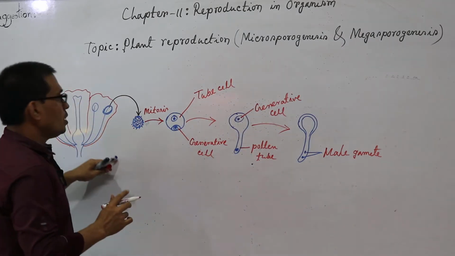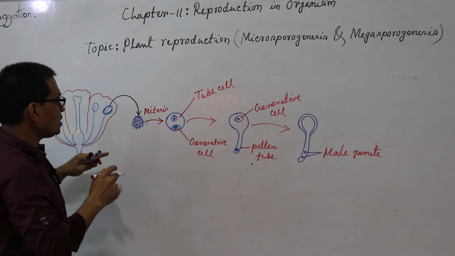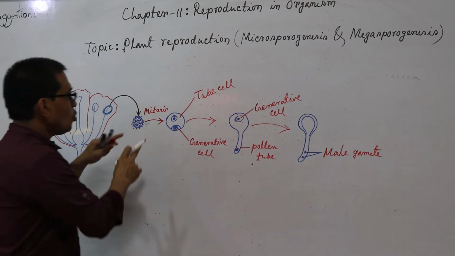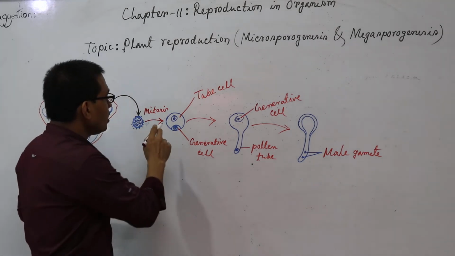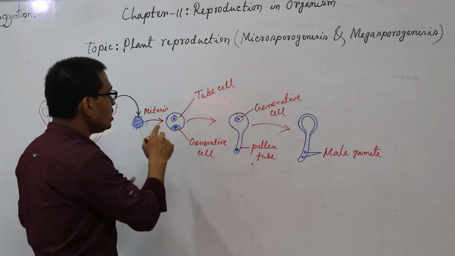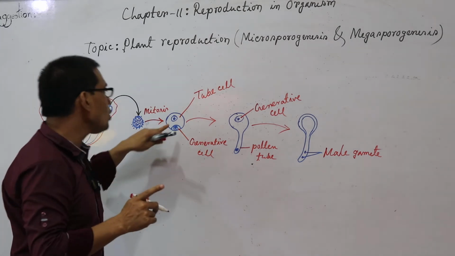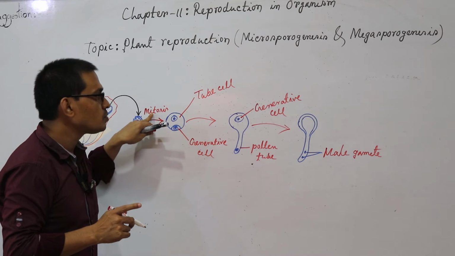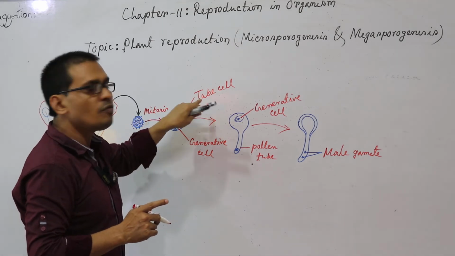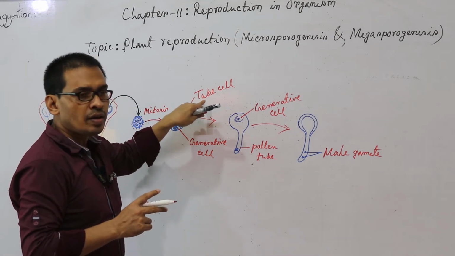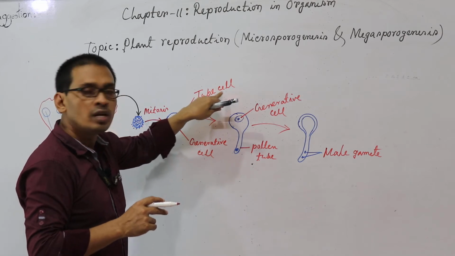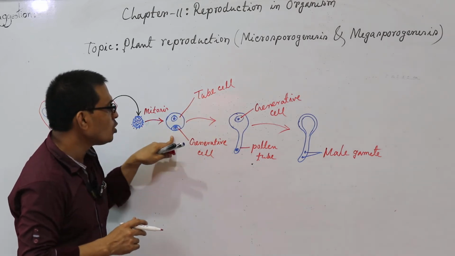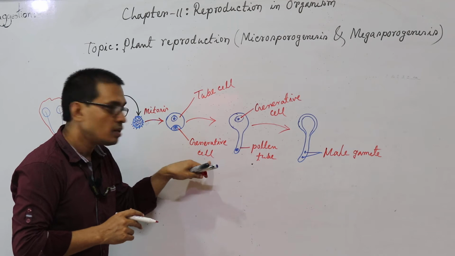Look, in microsporogenesis, the nucleus of pollen cell divides to form 2 nuclei by the process of mitosis. One nucleus gathers cytoplasm and forms tube cell, and another nucleus forms generative cell.